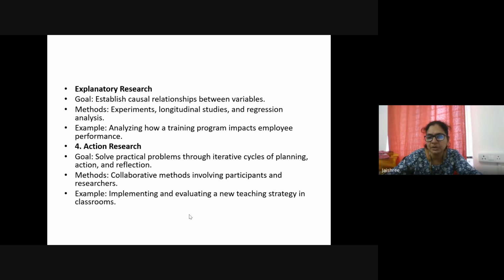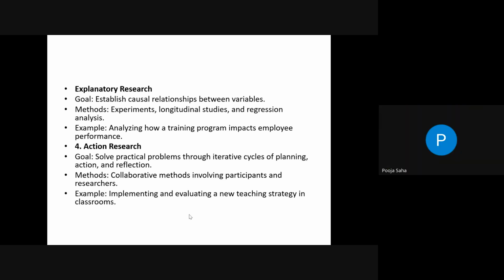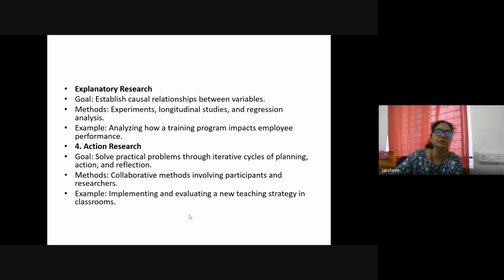You understand the difference? Yes, ma'am. So in action research you take your own time and do it very slowly; you can space it out. Applied research is where you have an immediate solution and you apply it immediately and see if it is okay or not.